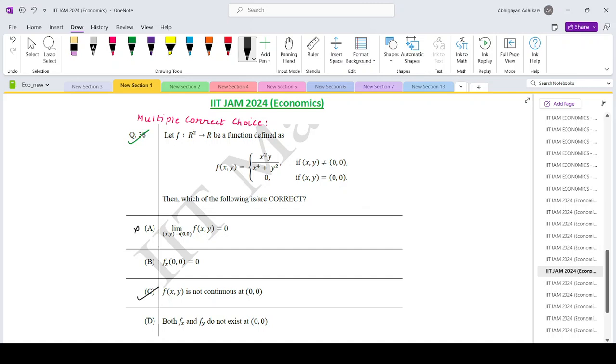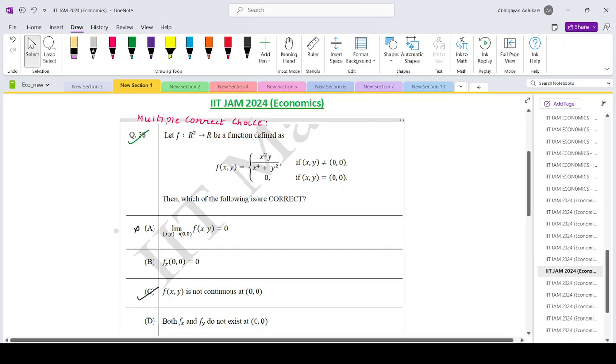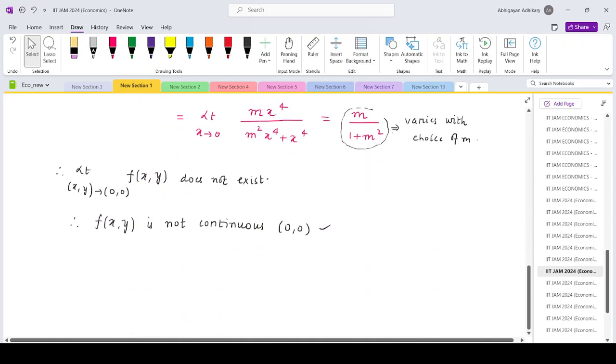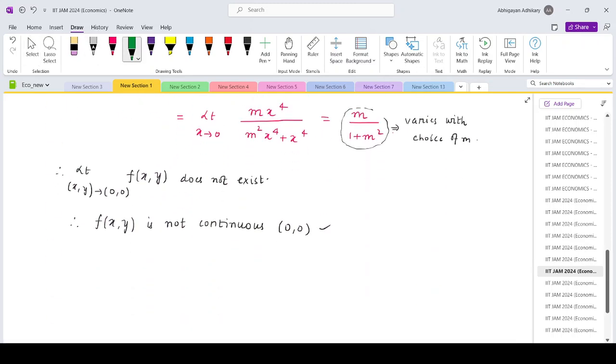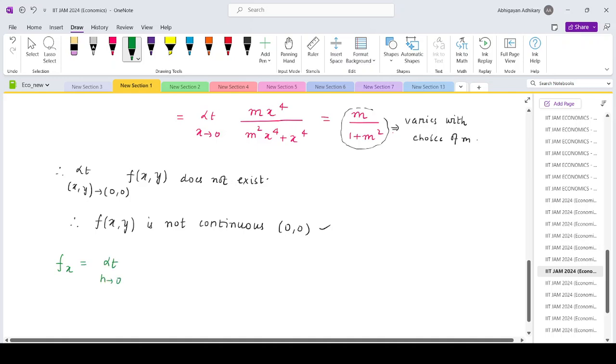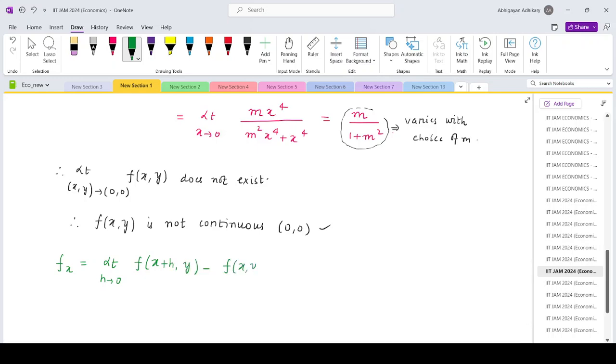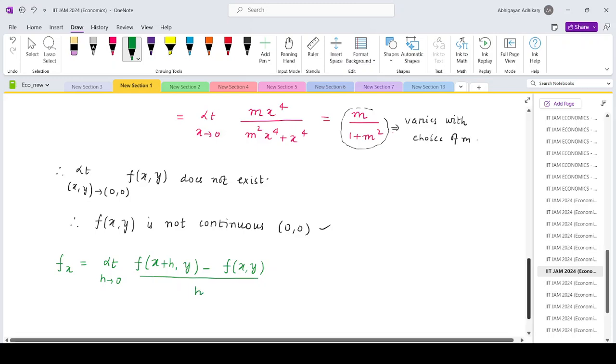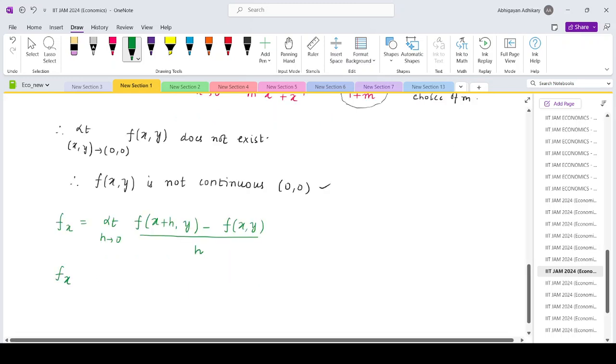Now coming to option B. It is the partial derivative evaluated at point (0, 0). So what is the definition of the partial derivative fx? It is basically the limit as h tends to 0 of f(x plus h, y) minus f(x, y) divided by h. So we need to evaluate fx at the point (0, 0).